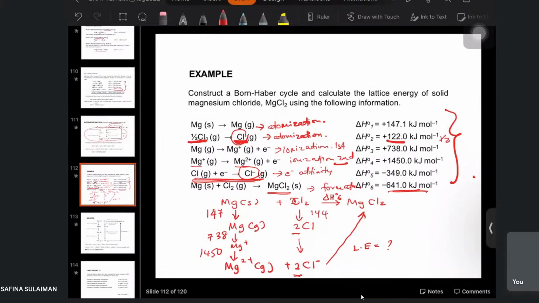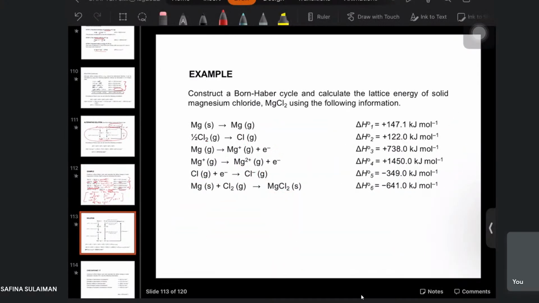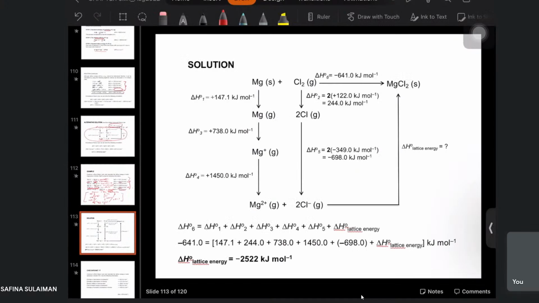Okay, jadi apa you perlu buat kepada delta H naught dia ni? Times 2. Kena darabkan dengan 2, times 2. Okay, so negative 349 times 2. Okay, so you dah lengkap dah. You bolehlah kira berapa. Okay, so hasil tambah semua ni adalah bersamaan dengan delta H naught 6 iaitu formation. Okay, so benda yang samalah.